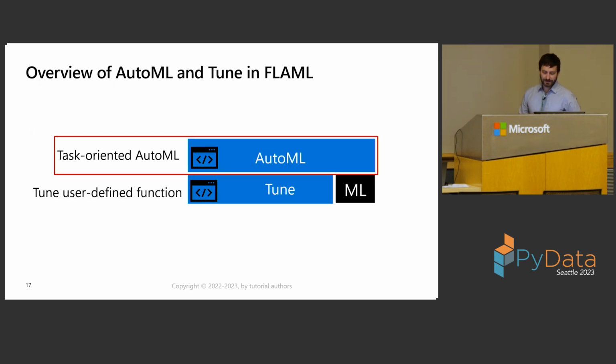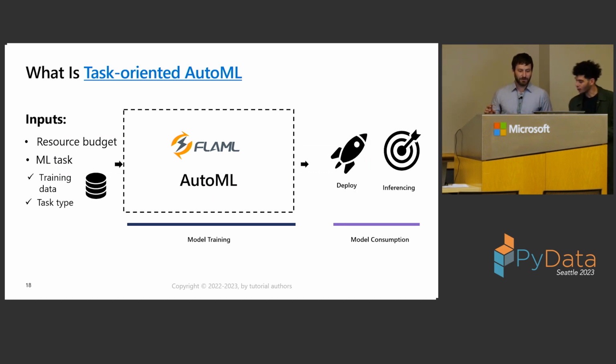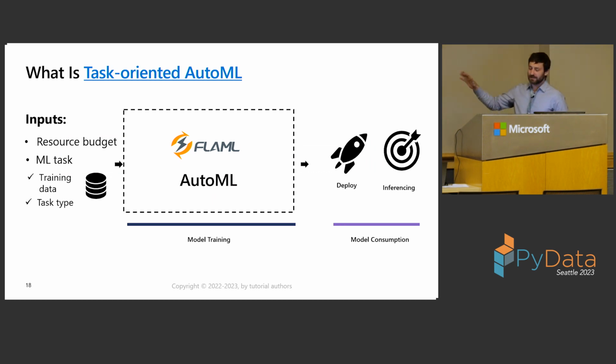The other one is tuning a user-defined function. In that case, you give it a function. The name of the function here is just train LGBM. You give it a metric that says how you want to optimize it.